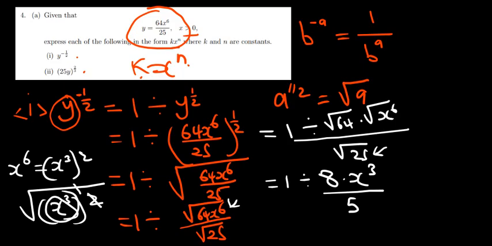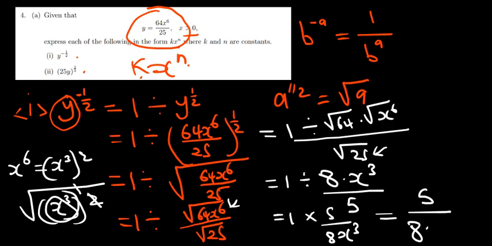Since I have division here, it will just be equal to 1 multiplied by 5 over 8x to the power 3. So this is equal to 5 divided by 8x to the power 3, and that will be our final answer.